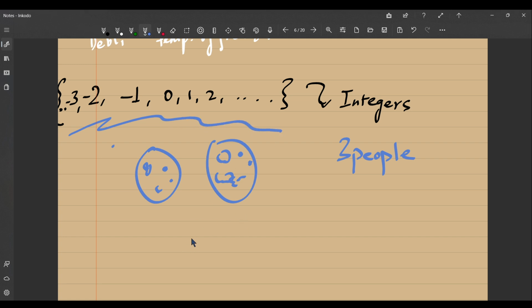This is to say that if X amount of pizza has to be given to each person, and there are 3 people in total, and there are 2 pizzas in total, this equation could not be solved using integers.